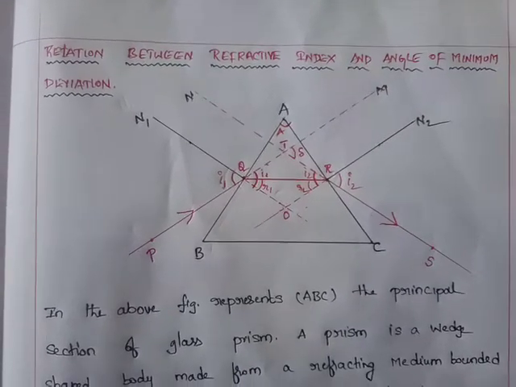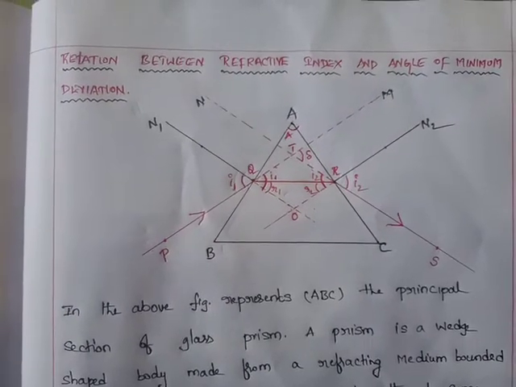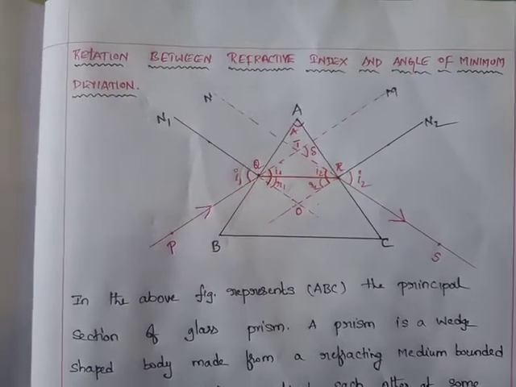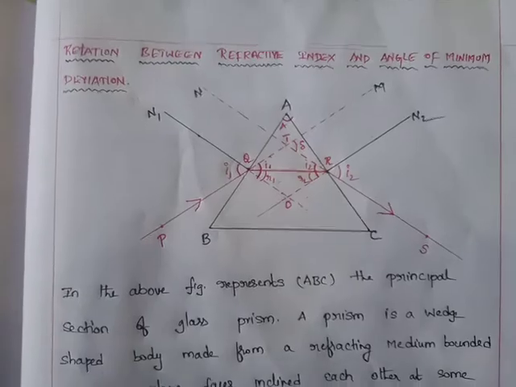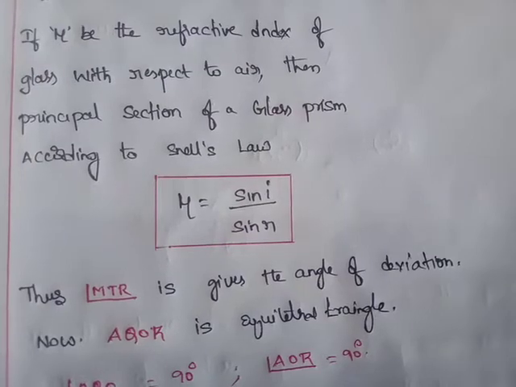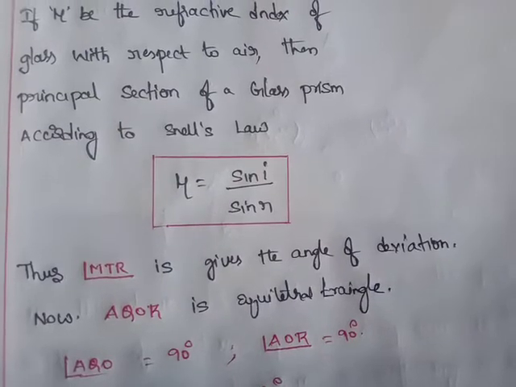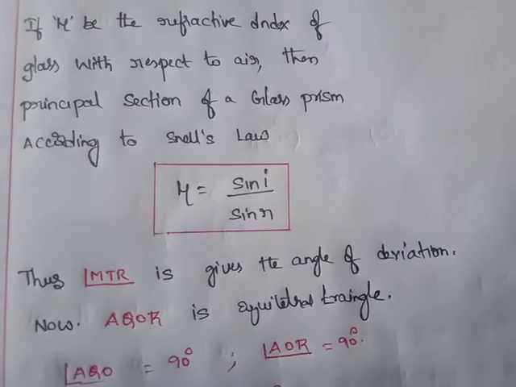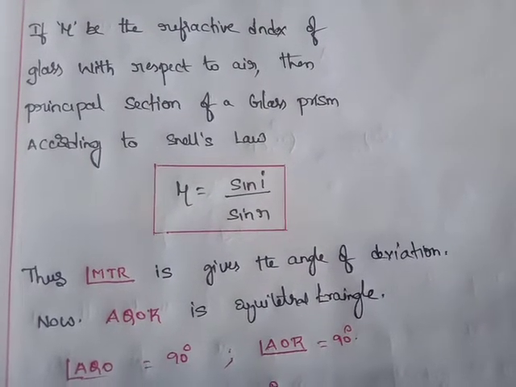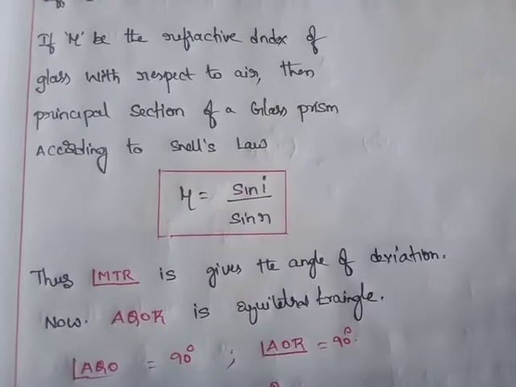Here I1 and I2 represent the similar angles, angle TQO and angle TRO. If mu is the refractive index of glass with respect to air, then for the principal section of the glass prism, that means the entire glass prism, the refractive index is mu.